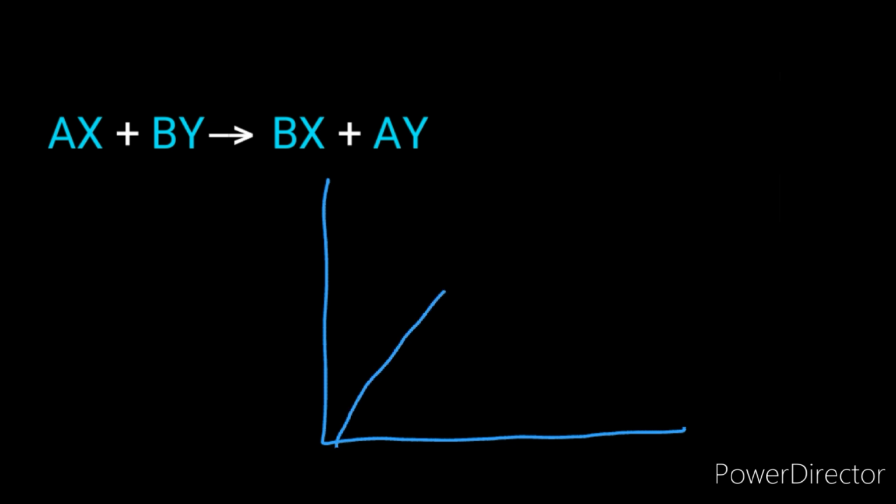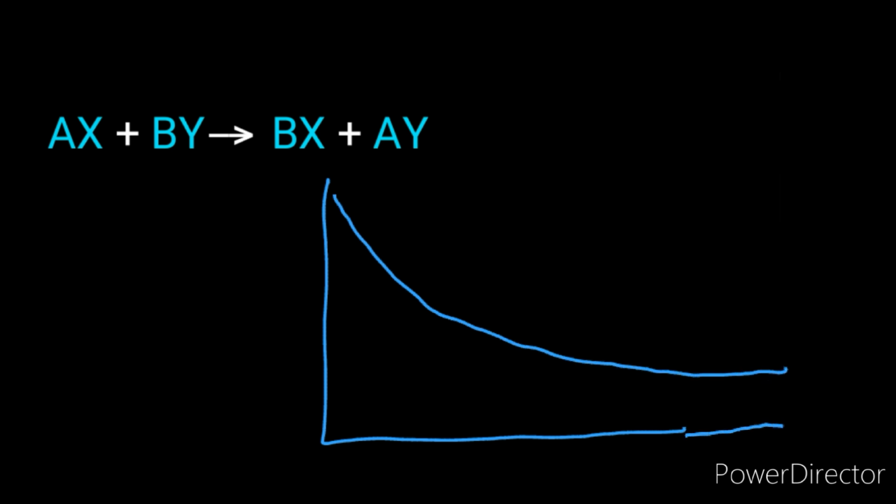Whenever you see it increasing steadily until it becomes horizontal, this is a product. So the reaction comes into completion around this point. And if you see it steadily decreasing, you know that is the reactants because reactants get used up during the reaction. So around this particular point, when it becomes horizontal, that's when it comes into completion.